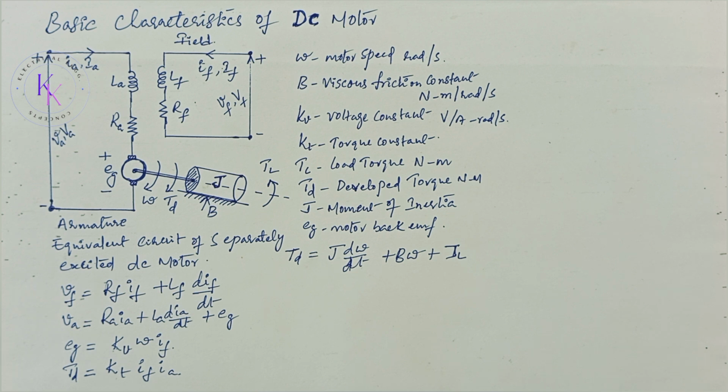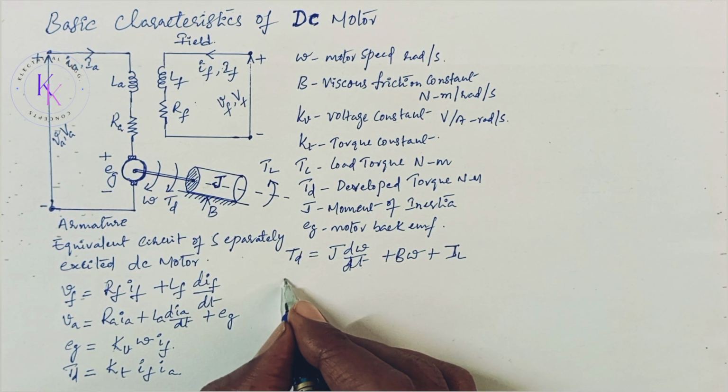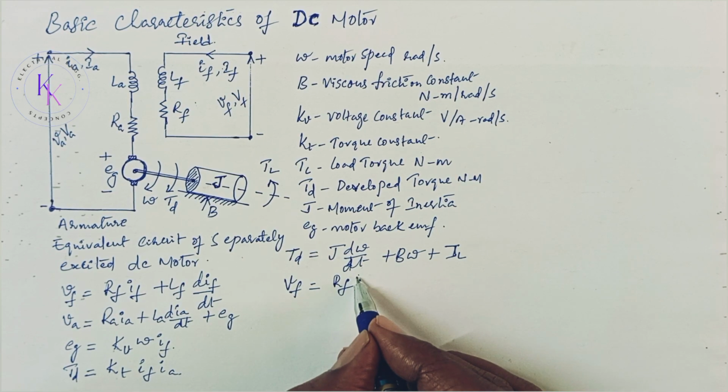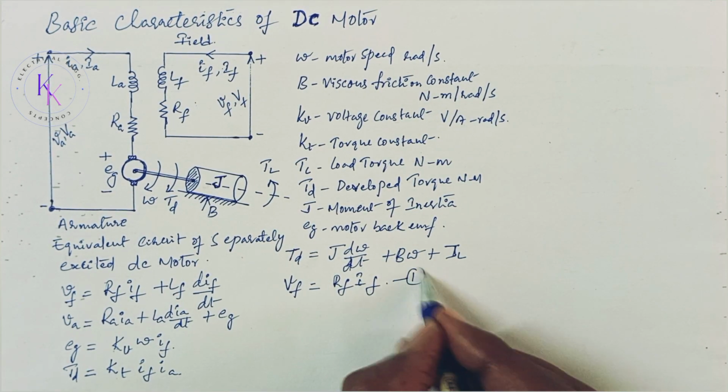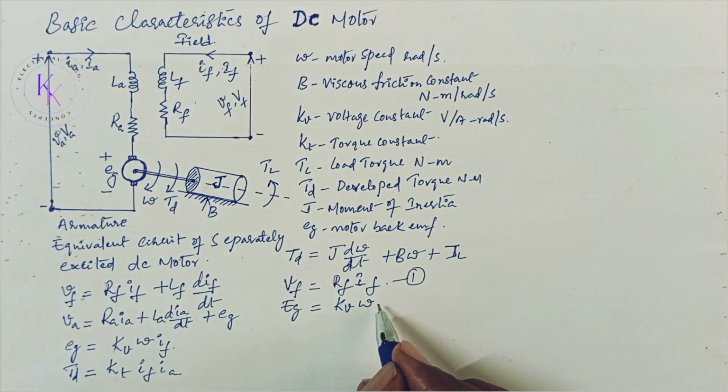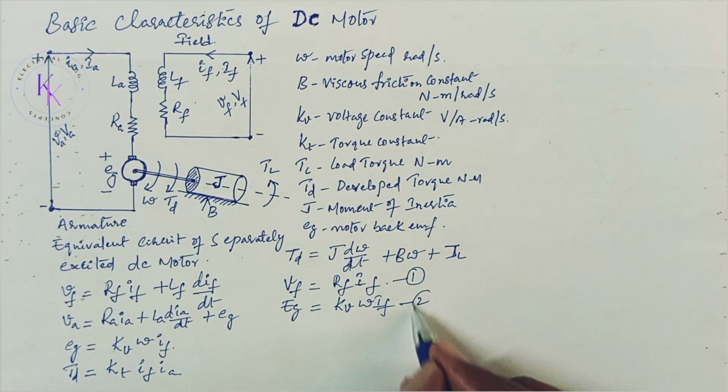Under the steady state condition, the time derivatives in these equations are 0. Then the steady state average quantities are, in all these five equations, derivative terms equal to 0. We get VF equals RF IF, equation 1. EG equals kV omega IF, equation 2.